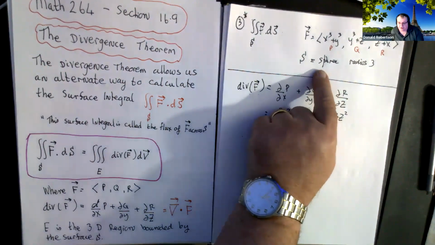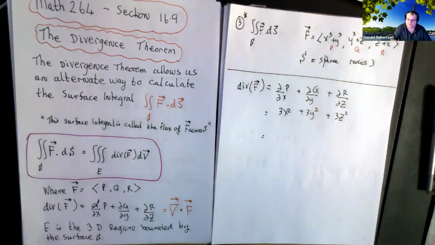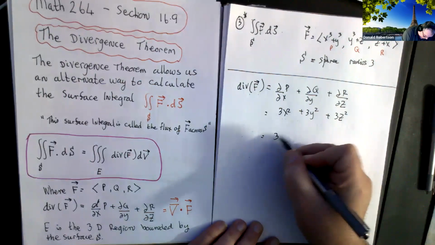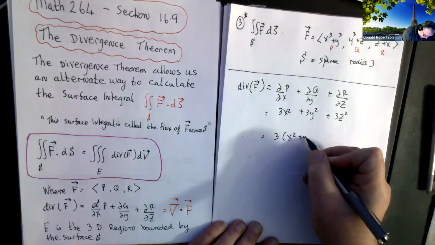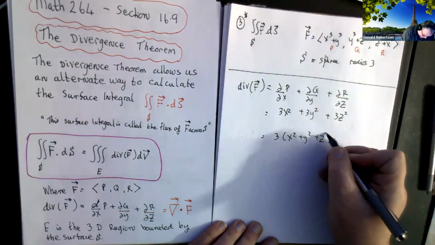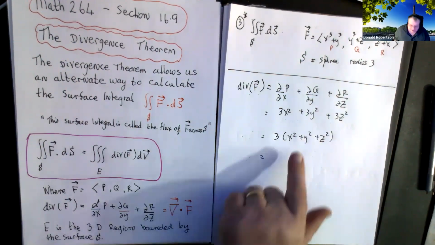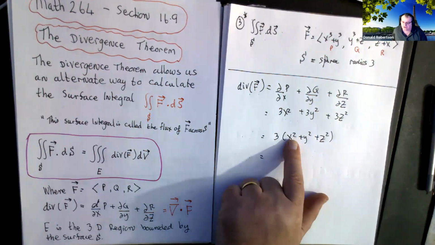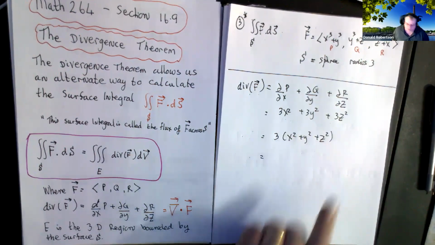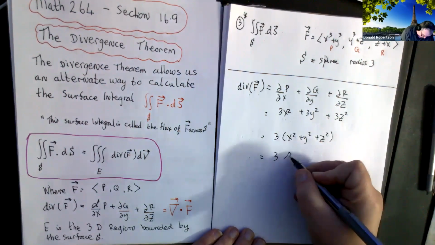Now, since this surface is a sphere, which means the volume is the inside part of a sphere, it's spherical coordinates. It just is. So I'm going to combine these together. And hopefully we remember that x squared plus y squared plus z squared is rho squared.